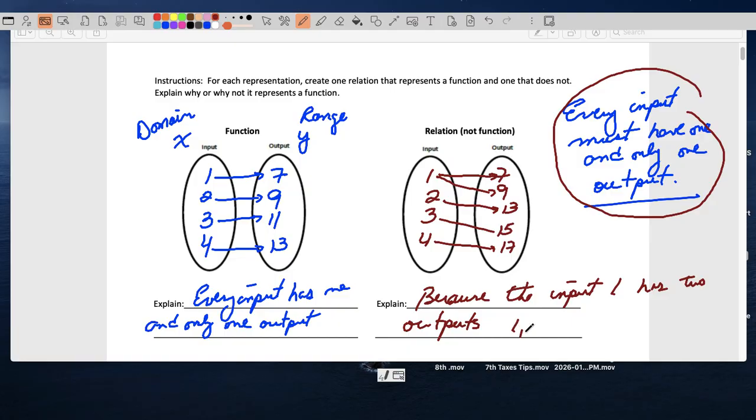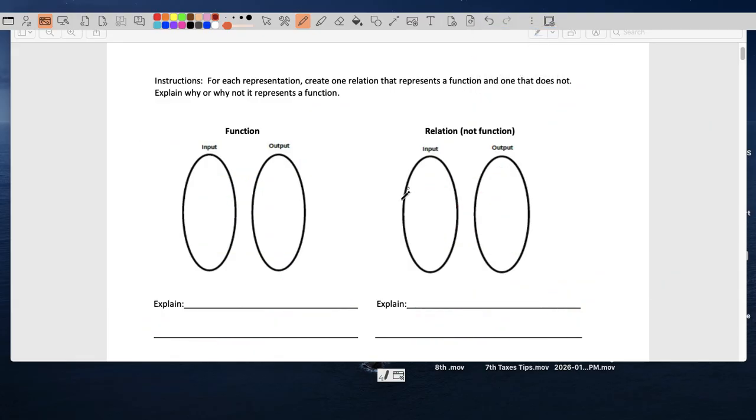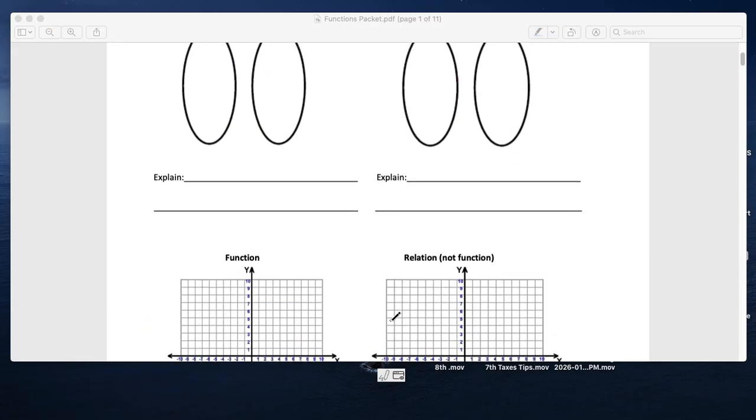It has 1 and 7, and then it has 1 and 9. And that is not allowed, so not a function. And that's an example, okay? On to the next one.